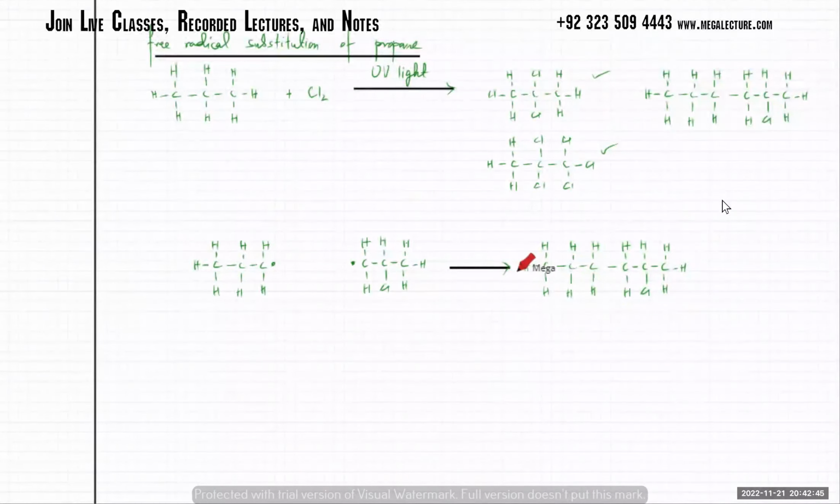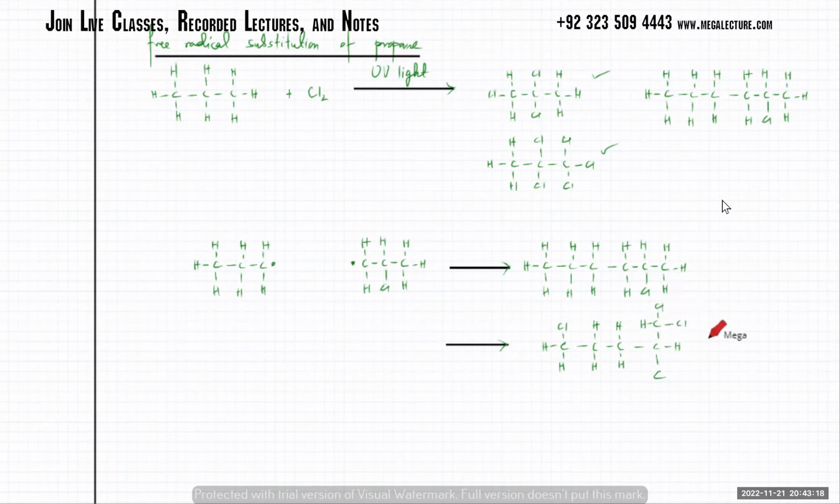Okay, just one more, can this form? This thing, or let's say randomly now there's Cl, there's H. Okay, not Cl, sir, this one, one more carbon. One second. Okay, this molecule.